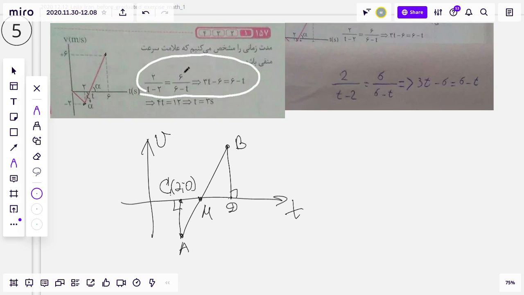I checked about it. And the coordinate of point M is unknown.